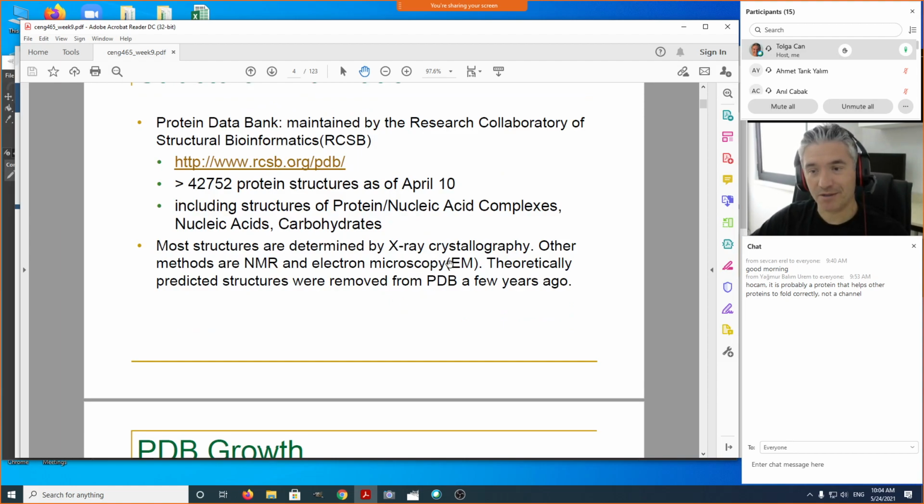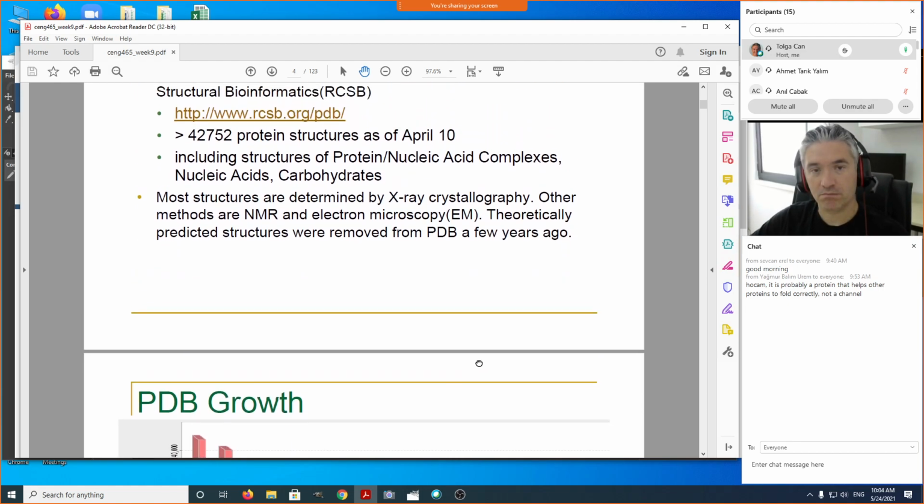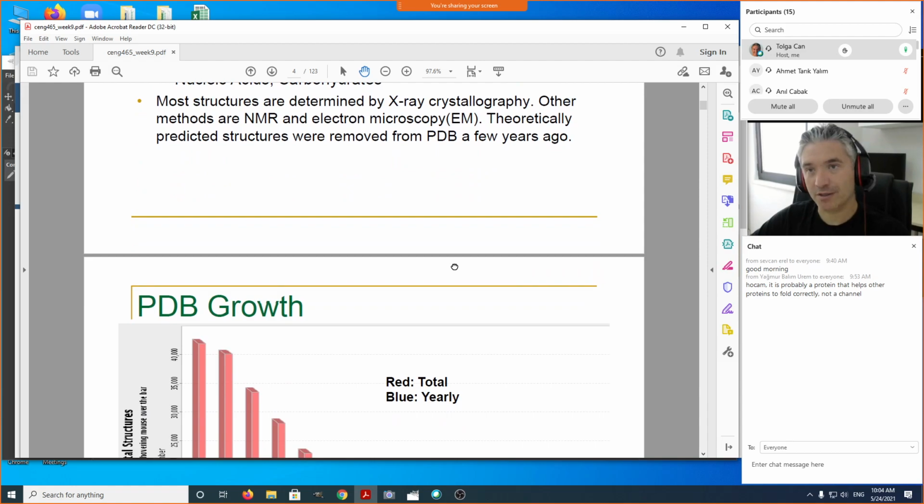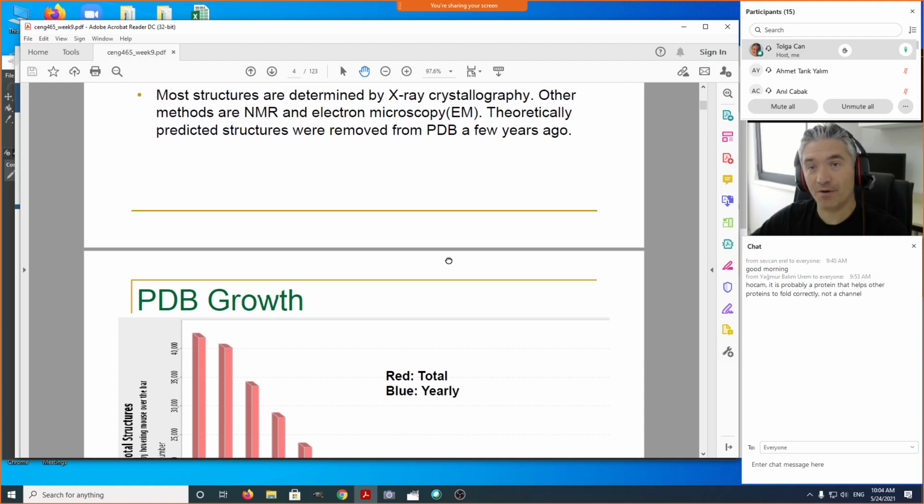I was talking about just X-ray crystallography and nuclear magnetic resonance as the experimental methods to determine protein structures, but we now have new methods like cryo-EM. Cryo-electron microscopy is also a really promising technique, which promises to find protein structures in their native state. When you crystallize them, you may actually break their natural habitat, and in crystallized form they may not be in their native state, which is not going to be very different from the other shape.